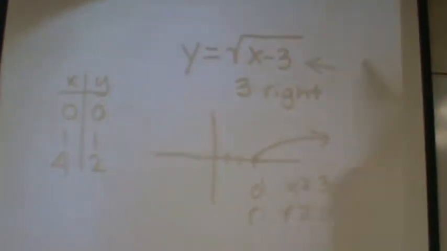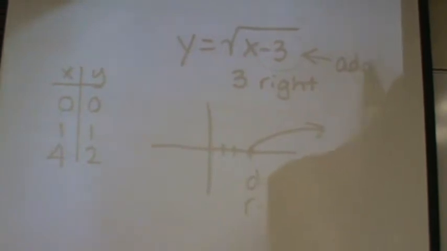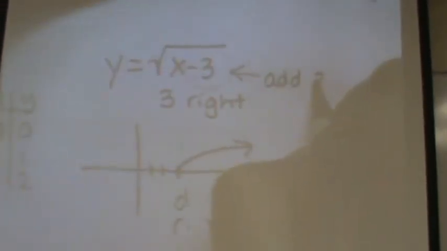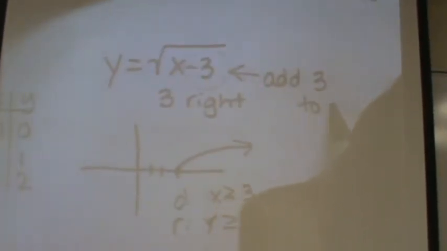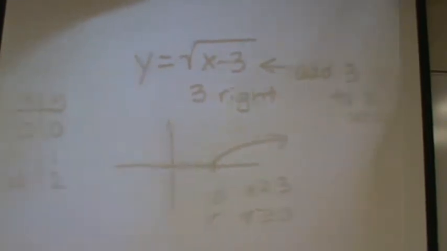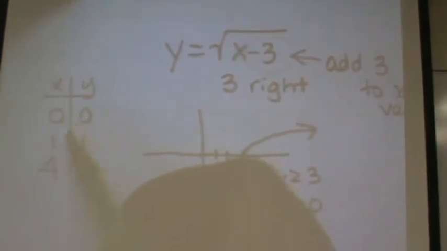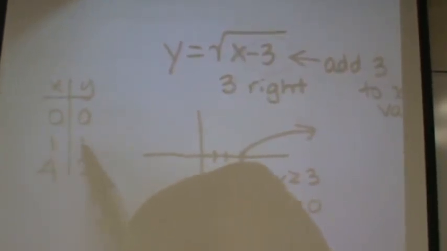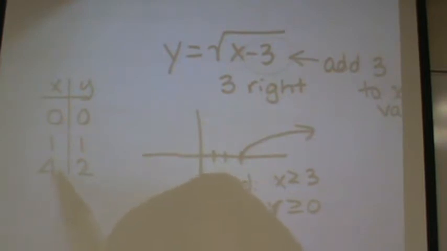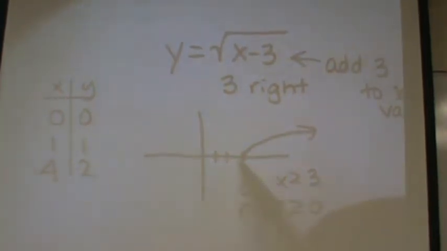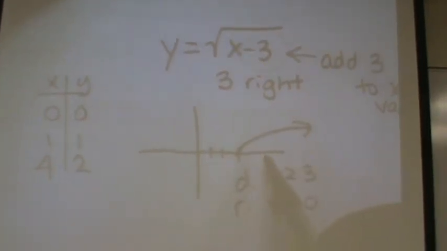You're going to add 3 to the x values. So add 3 to 0 and you get 3, 0. Add 3 to 1, you get 4, 1. Add 3 to 4, you get 7, 2. And that's where these points are.